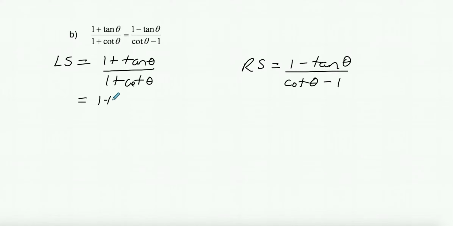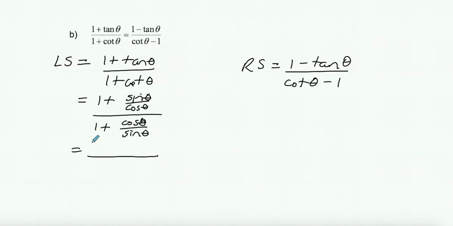So I know that tan theta is the same thing as sine theta over cosine theta. And I also know that cotangent is the same thing as cos theta over sine theta. I could get a common denominator in the numerator, which would be cos theta for both.